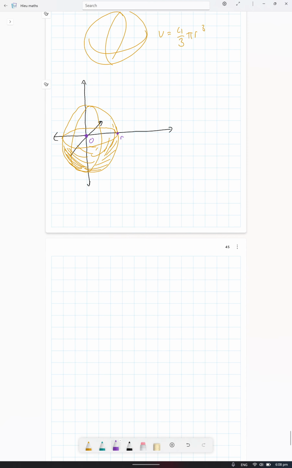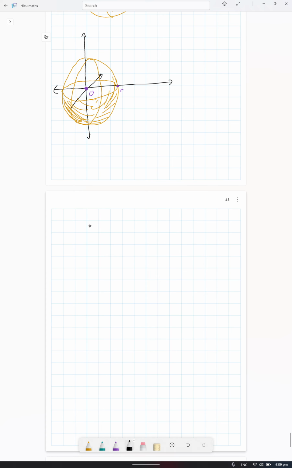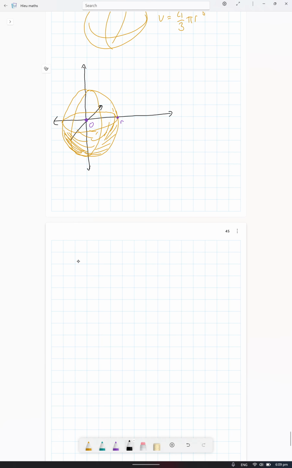So I'm going to show you how we're going to split it. We're going to split it in a sense where we have just one hemisphere. I want you to think in terms of one hemisphere first. So we're going to have it like this. We're just going to have this hemisphere here, and it goes all the way out here.